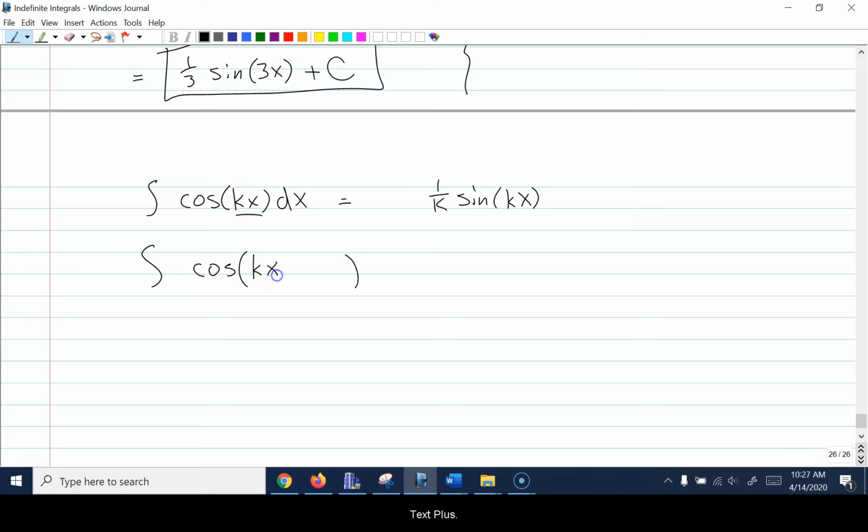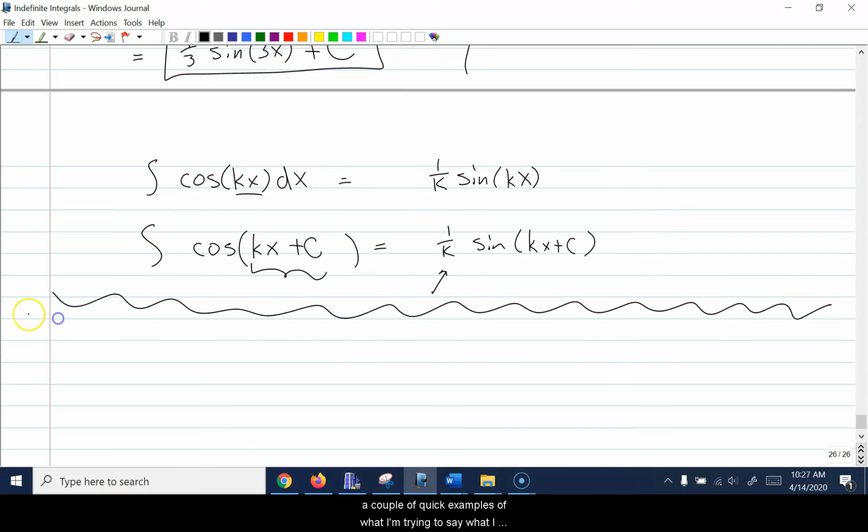It could be kx plus c. Same deal works. You just need to divide by the k that's going to get pooped out as the derivative of the inside, as long as you leave the inside alone. We could write out rules for this, but I would need one for sine and for cosine and for e to the, like every integration rule. You can replace the inside, change it from an x to a constant multiple of x plus another constant, as long as you divide by that constant out front.